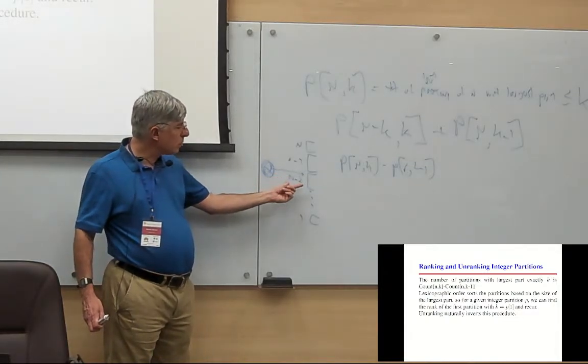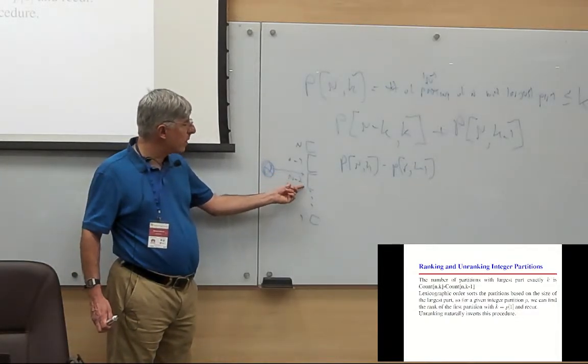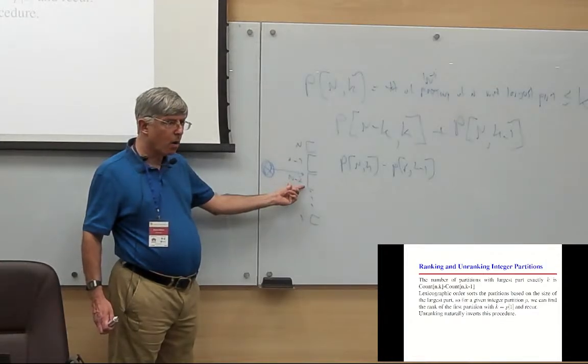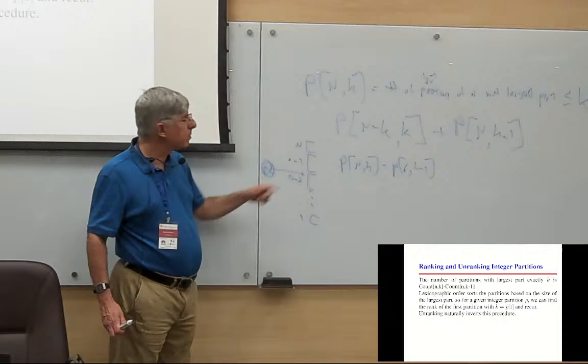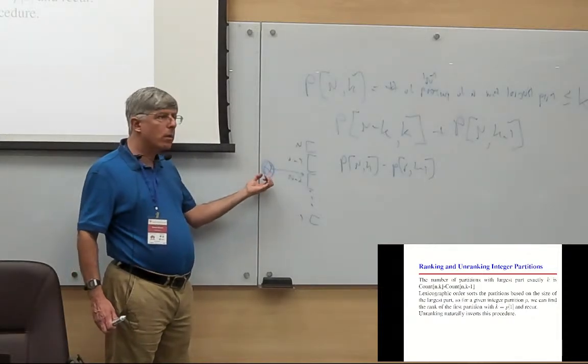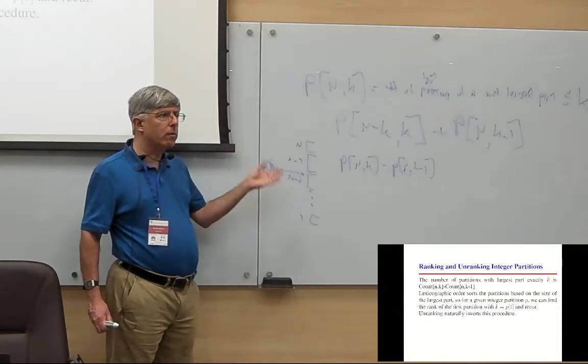That will tell us what the largest part in this partition is, and then we can subtract off the count up to here. We're working with a smaller integer, and we can recur.